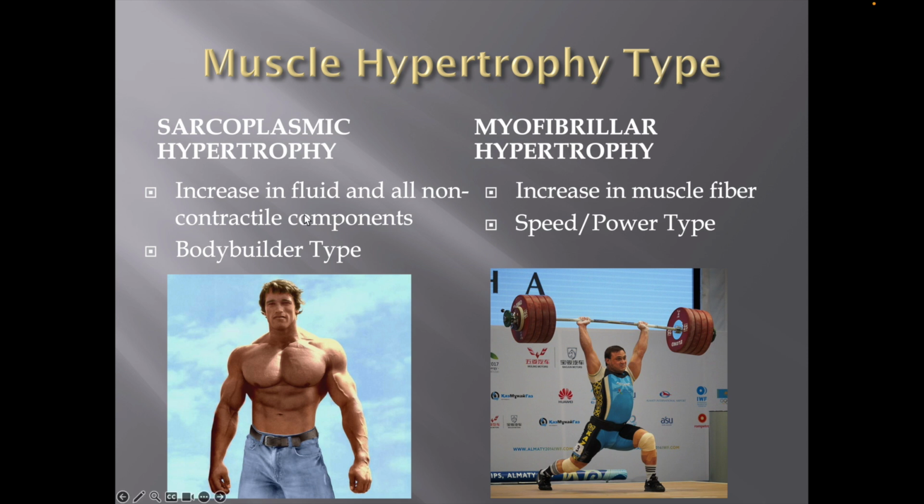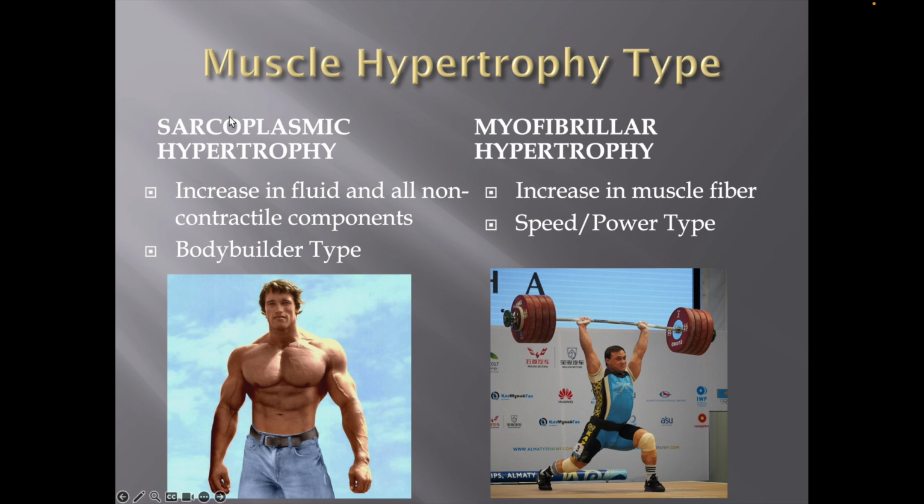There's more fluid in there, and the non-contractile components, meaning the parts of the muscles that do not actually create the tension when your muscle fibers contract. Examples of these might be blood vessels. Examples of these might be the mitochondria.